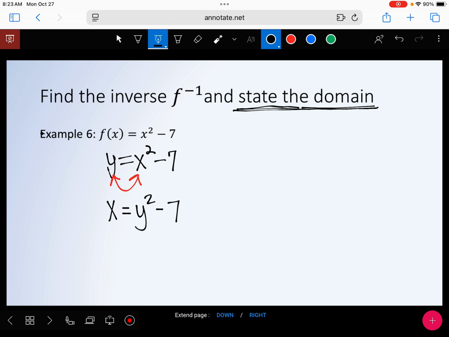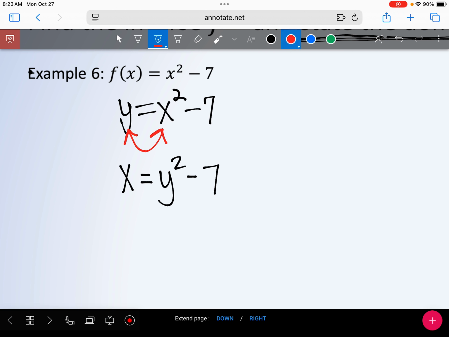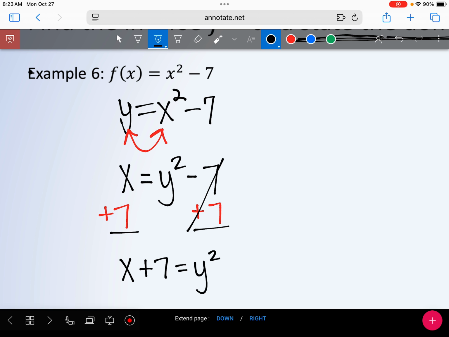So it's 2 steps. What would be my first step to solve for y? Add the 7. So that would be x plus 7 equals y squared. And then how do we get rid of the square? Take the square root. Which is going to cancel out the square that's on my y.